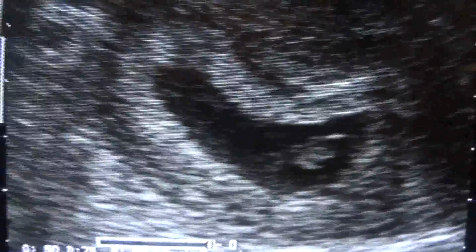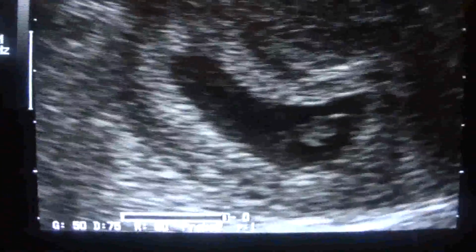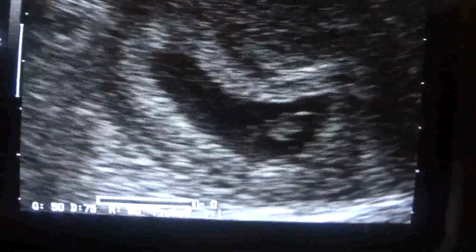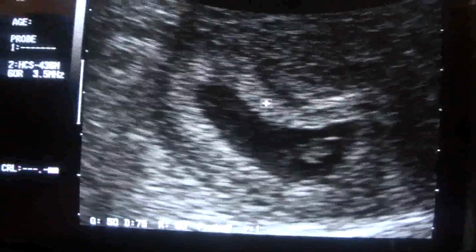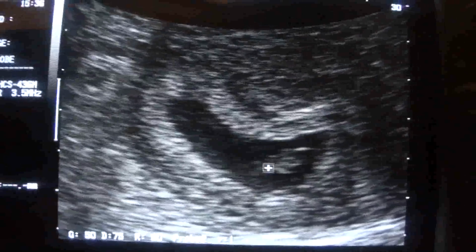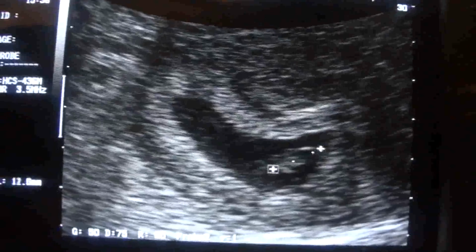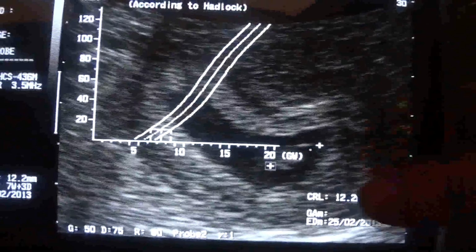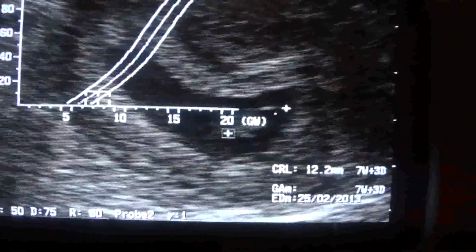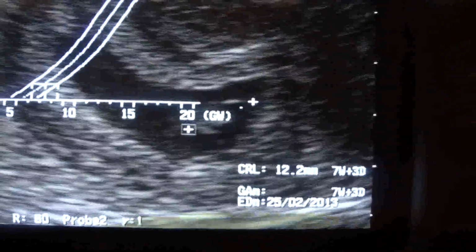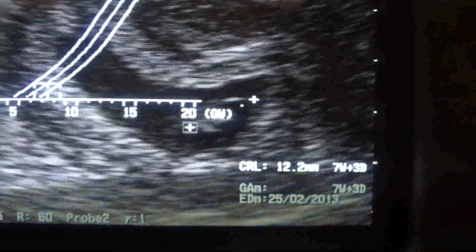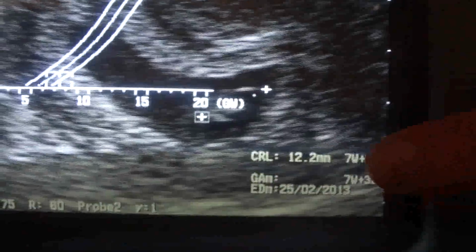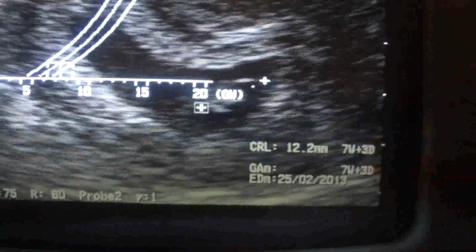Okay, now let's see if my machine can give me the crown rump length and the gestational age. Again, you see by the machine calculation the CRL is 12.2. That is consistent with a gestational age of 7 weeks 3 days.